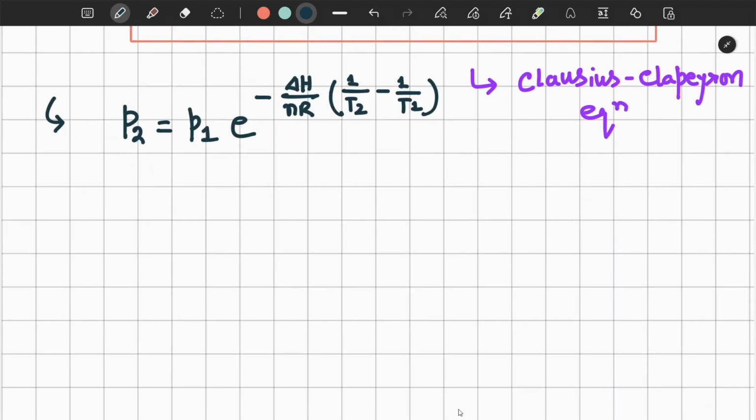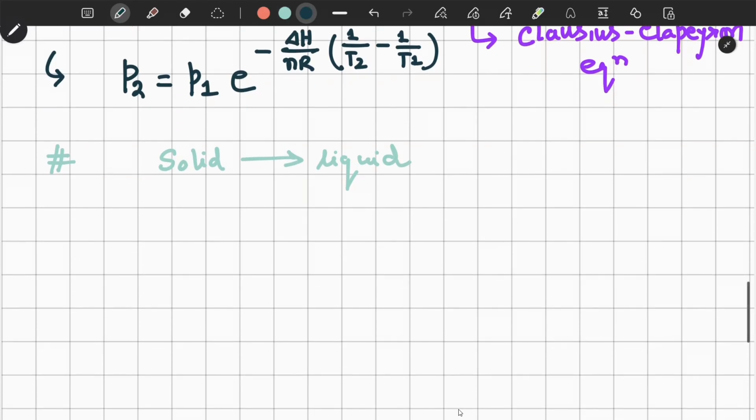Okay. Now the next one, if you consider another transition, this is very important. Solid to liquid means melting. So here you can't consider that delta V equals something. You have to write delta V equals V liquid minus V solid.